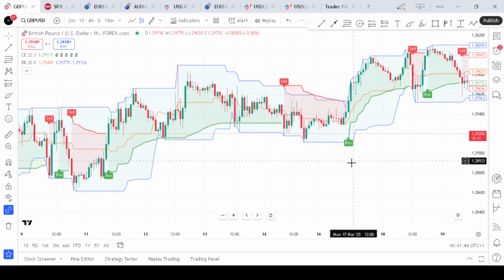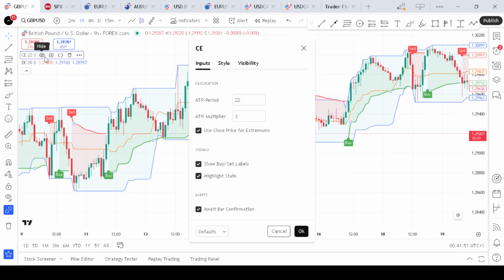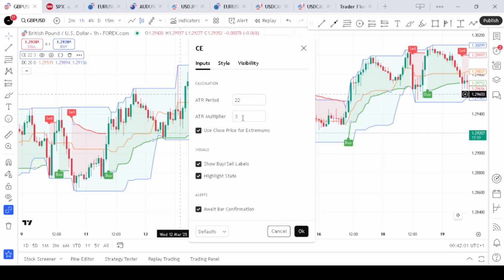All this happens automatically. We start by setting the Chandelier Exit below the highest high of a defined period using the ATR multiplier. This will ensure that your stop loss adjusts dynamically as the price moves higher.